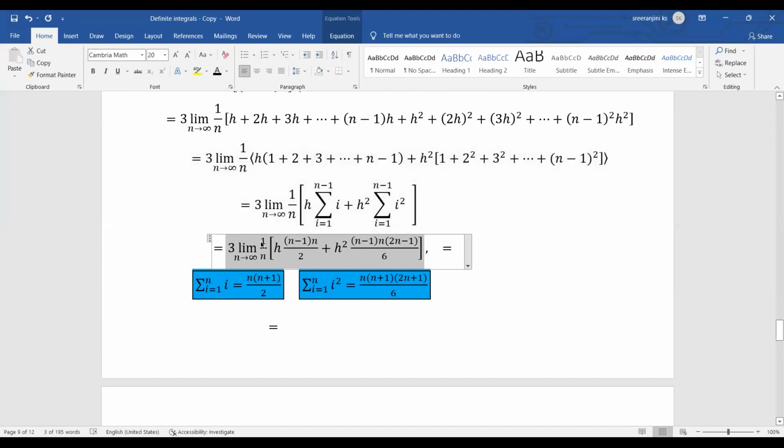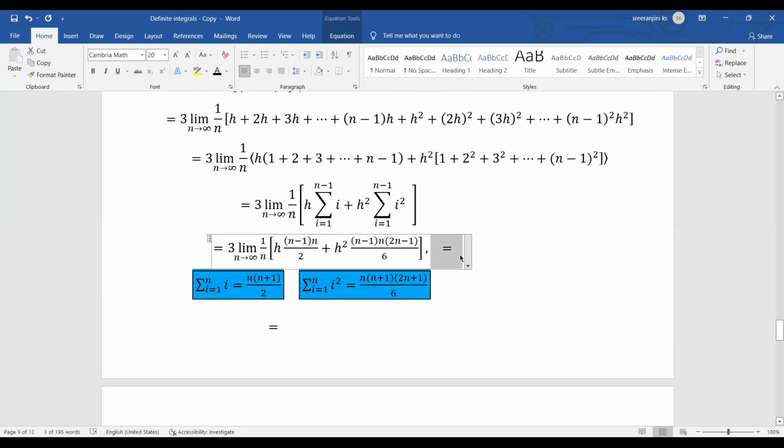Substituting the values for this sigma, 3 into limit n tends to infinity 1 by n, h into this sigma is (n minus 1) into n by 2, that we discussed, h square into sigma i varies from 1 to n minus 1, i square will be (n minus 1) into n into (2n minus 1) by 6, using these identities.